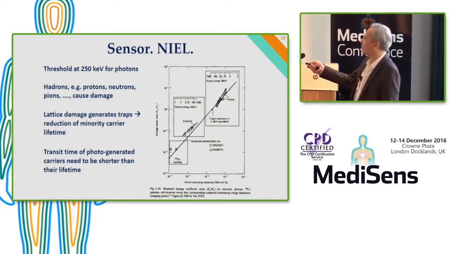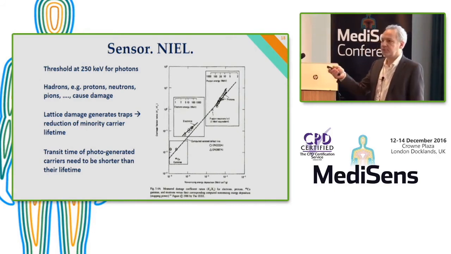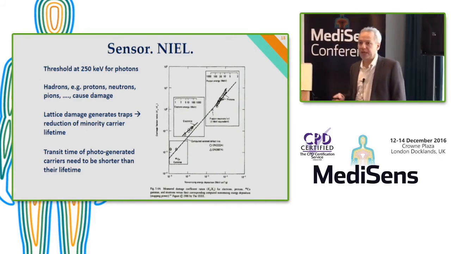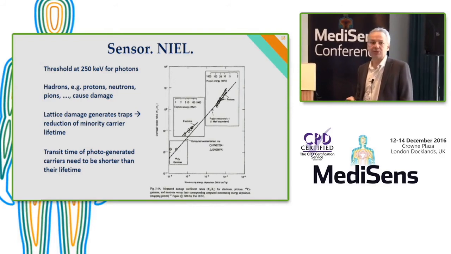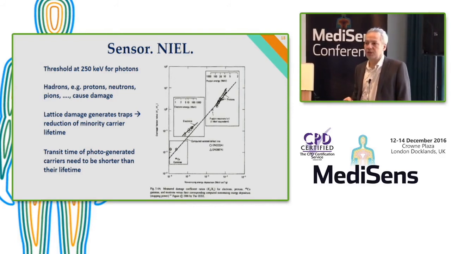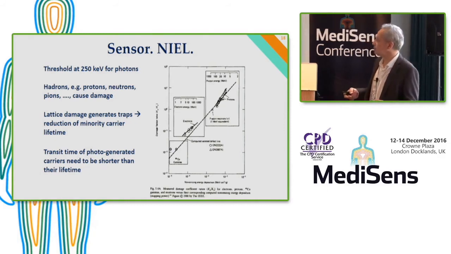And you can see there protons. For example, Phil is not here today, but we had a talk yesterday about proton therapy. When designing a sensor for proton therapy, one has to take care of this, because protons do damage to the crystalline lattice.